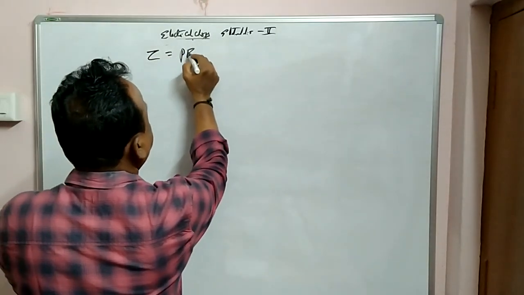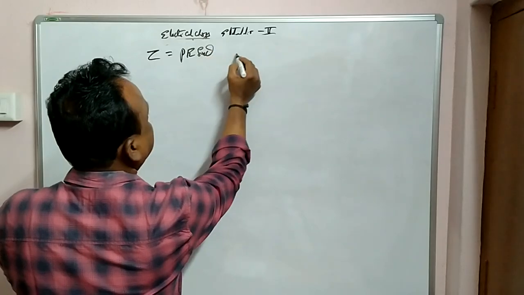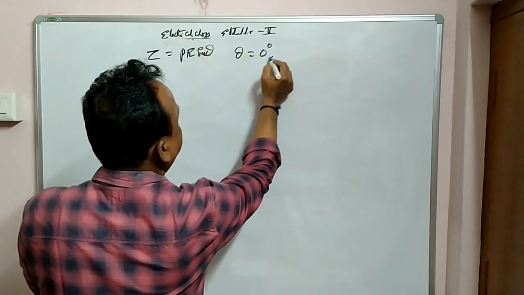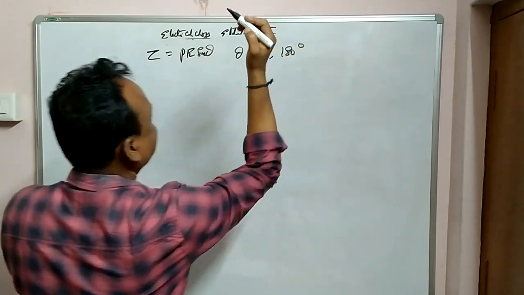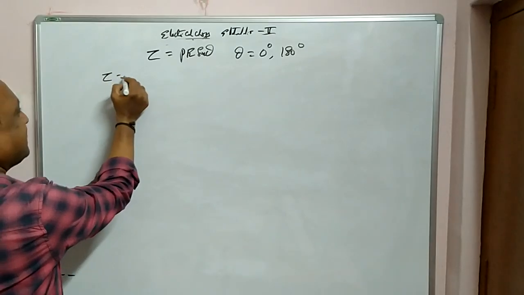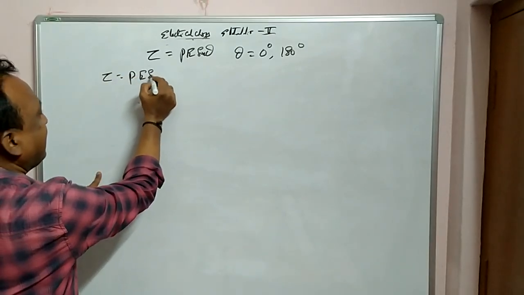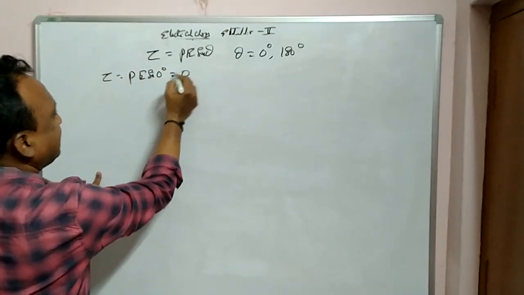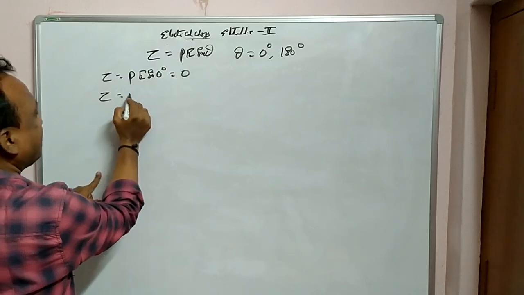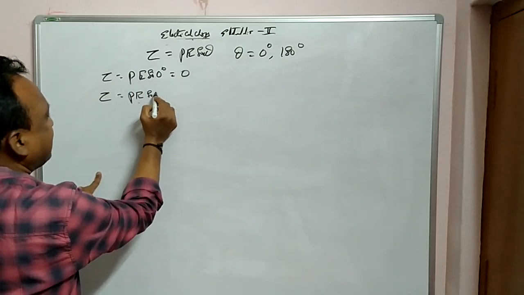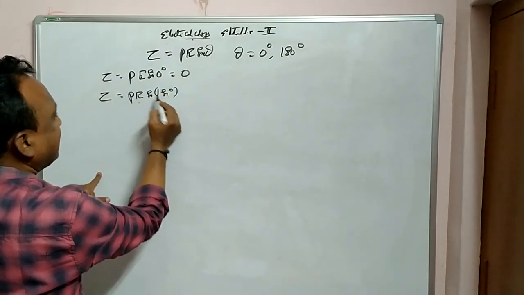The torque formula is P E sin theta. Theta is equal to 0, 180 degrees. Look once. So torque is equal to PE sin 0, which is 0. Similarly, torque is equal to PE sin 180 degrees. What is sin 180?